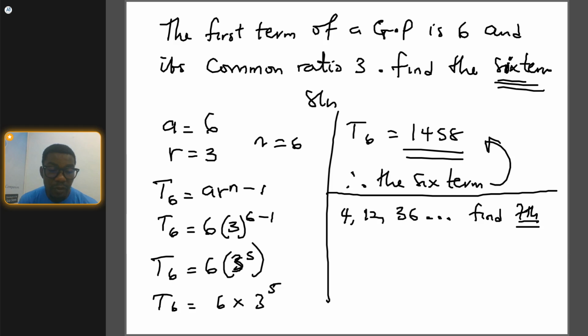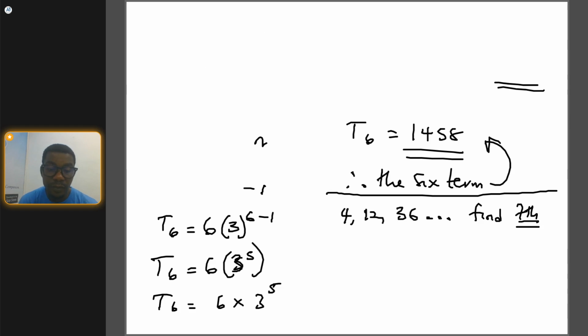Permit me to wipe the board so we can take the next. So if you have 4, 12, 36, what we are trying to say is that A is T1, this is T2, this is T3.